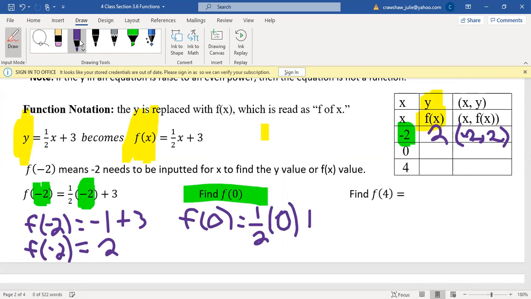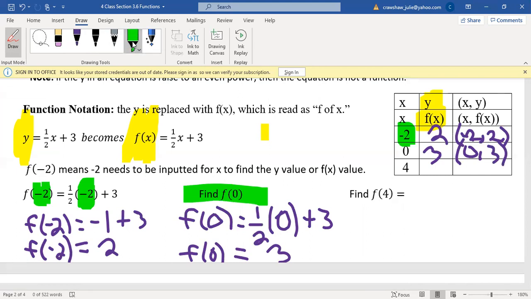And then plus 3. And then I simplify. 1/2 of 0 is 0, and 0 plus 3 is 3. So f of 0 equals 3. Or in other words, when my x value is 0, my y value is going to be 3, which is also f of 0 equals 3. And I can write that as an ordered pair.